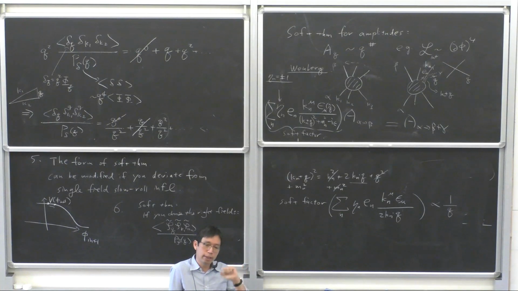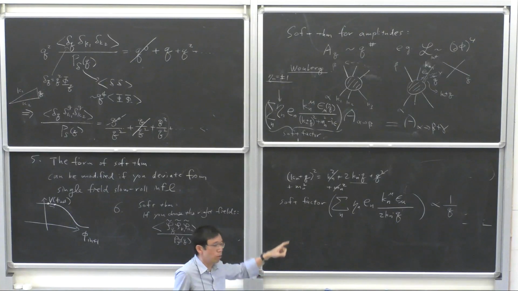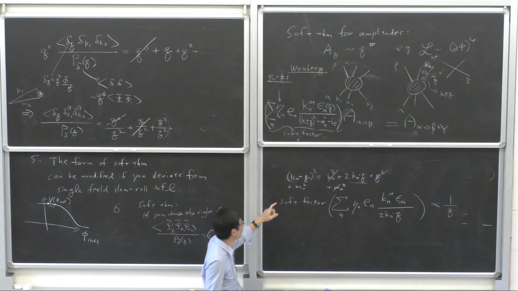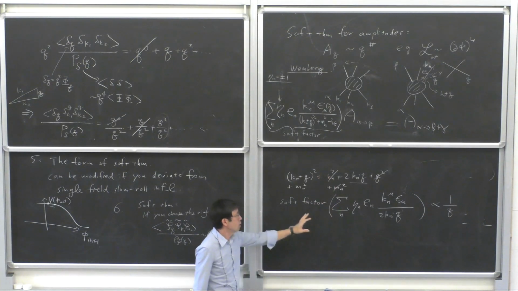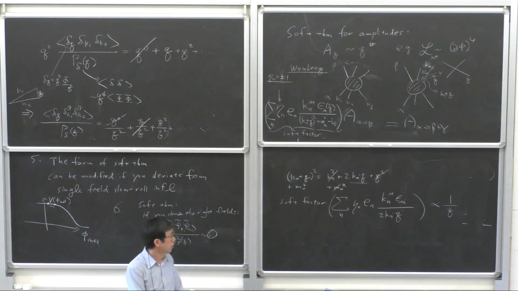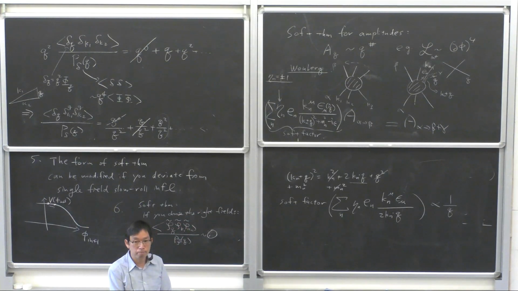If you add it to an internal leg, you are not going to have this enhancement of 1 over Q. It's important. We are using the fact that it's attached to the external leg so that this adds up to 0, because these are on shell. And so that is basically the form of the soft factor.